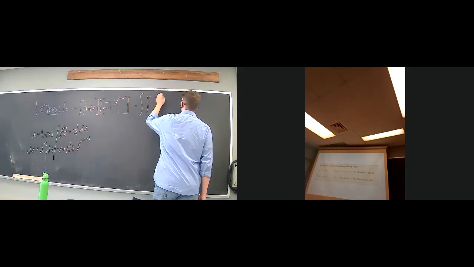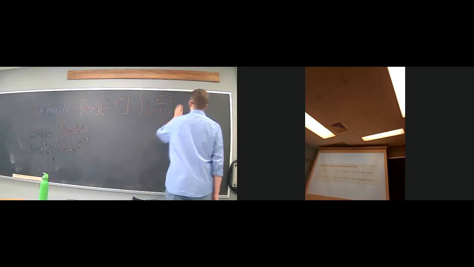Now look what happens when we apply all of this. u is the ln of x, v is 1 over n plus 1 x to the n plus 1, minus the integral of x to the n plus 1 divided by n plus 1 times dx over x.